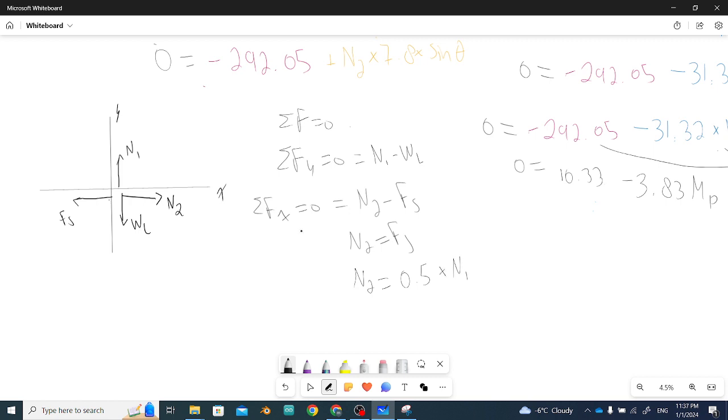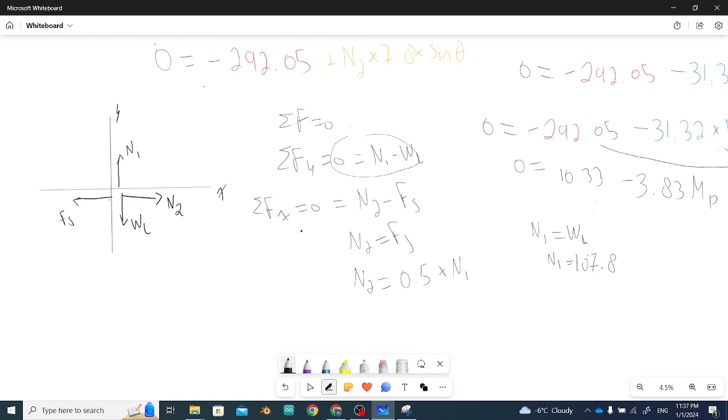Same thing as before, but the thing that changes is this one. So N1 is equal to the weight of the ladder, and the weight of the ladder is 11 times 9.8, so that's 107.8.